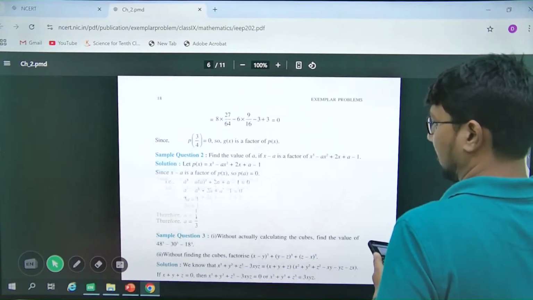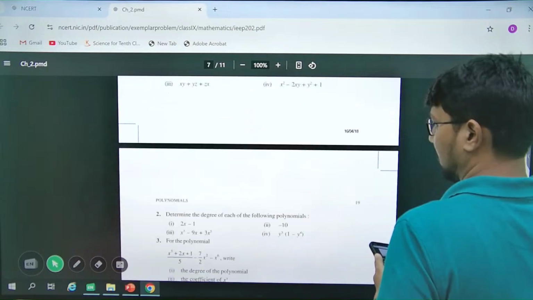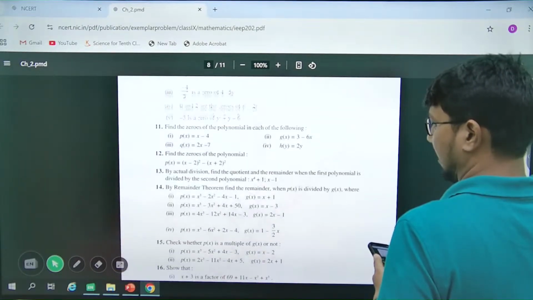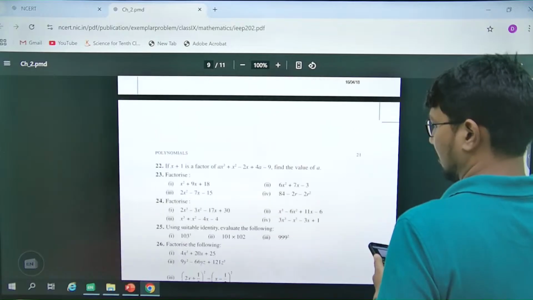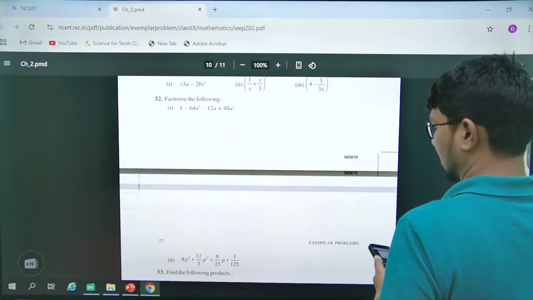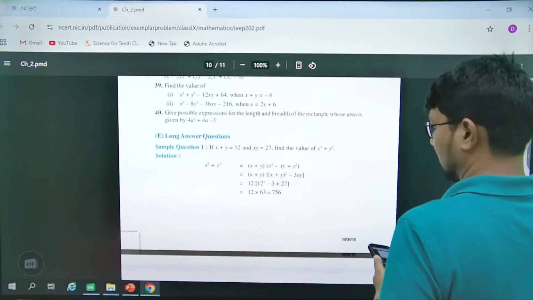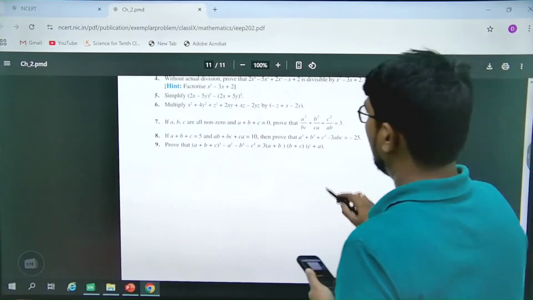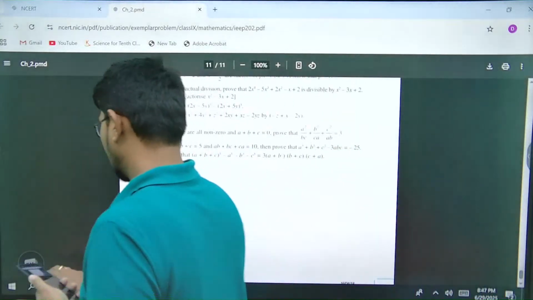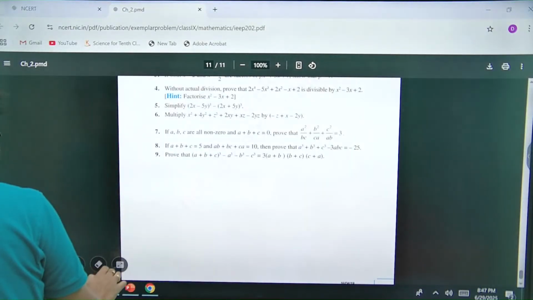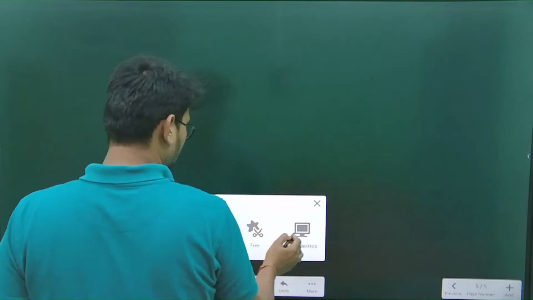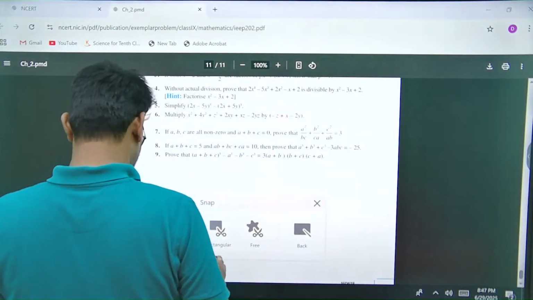If there is any doubt, you can ask, right? In between, I'm solving a question. Otherwise, we will solve directly the MCQ part. Now see, I hope this is Abhinas, your doubt. Check it.